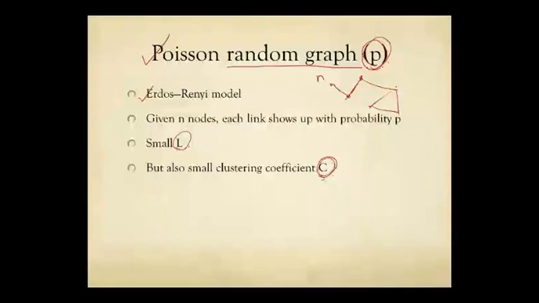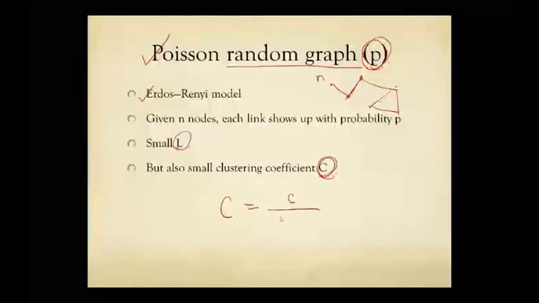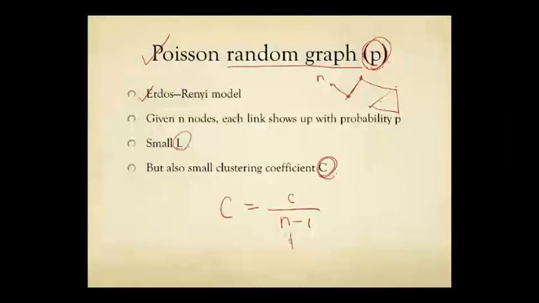When we look at C now, we're talking about expected C and expected L, because this is a probabilistic object. Now, without going into the details, it suffices to show the intuition that C for a Poisson random graph is the following: small c over n minus 1. N is the number of nodes. Small c is the expected degree of a node.